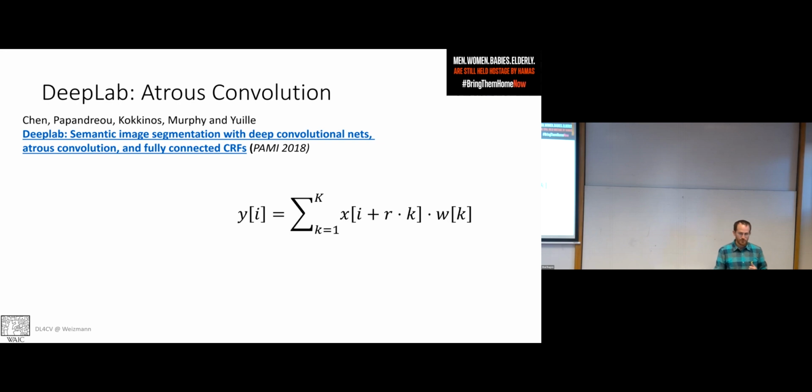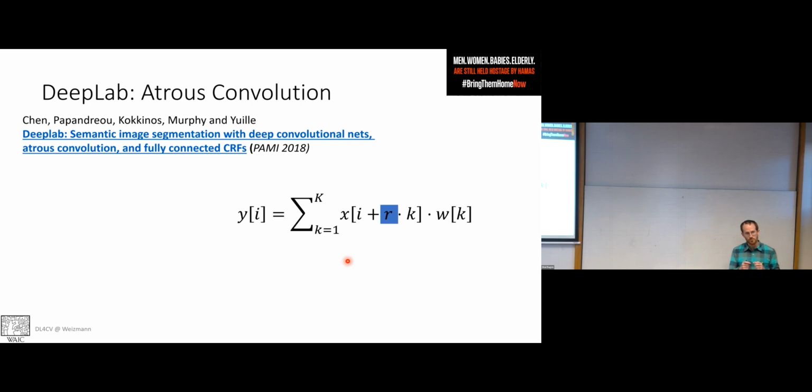Another way of increasing the receptive field without striding is actually spacing the convolution filter. So this is a 1D convolution. For the kernel size of K, we have the kernel filter and we apply it on the image, but we have a spacing parameter here.